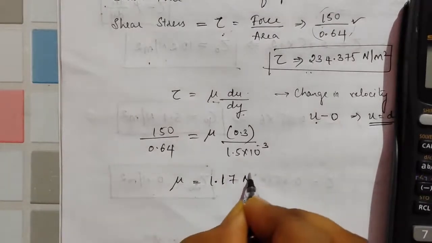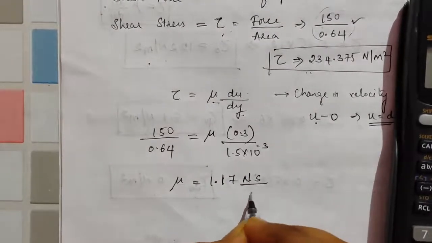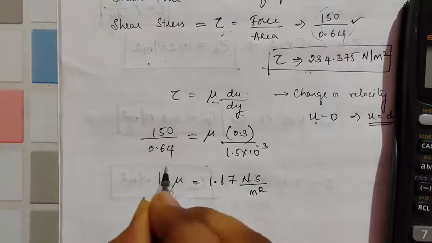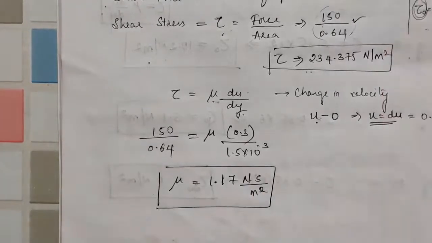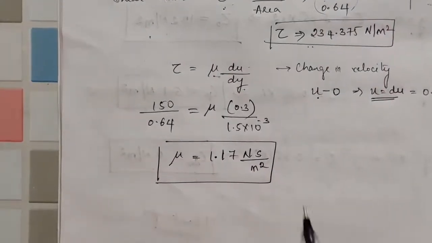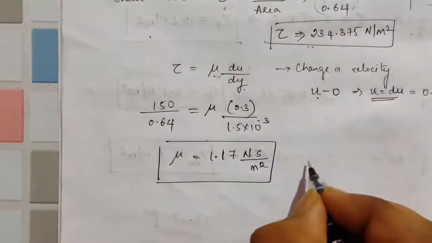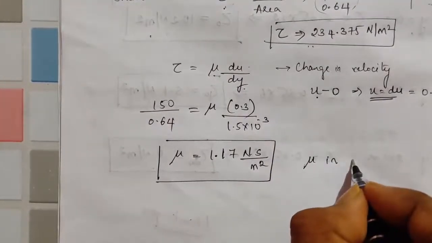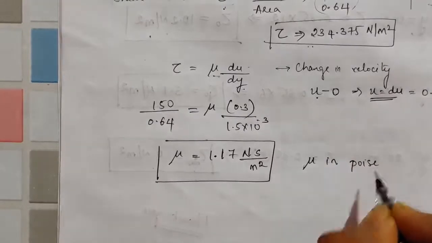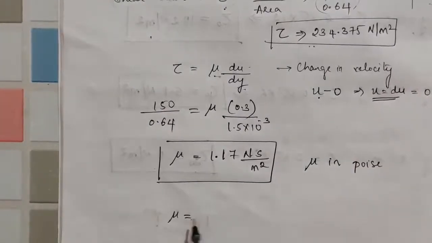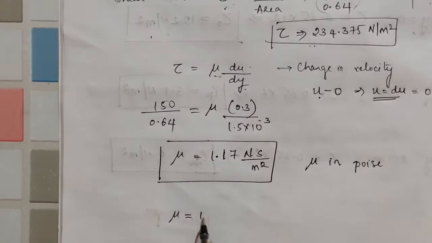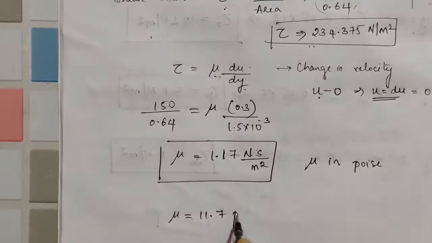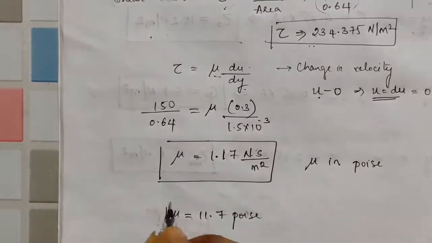What is the unit of mu? Newton second per meter square. If in some questions they purposely ask to give the value of mu in the other unit, as I discussed in the last class, poise, then it would be 11.7 poise.